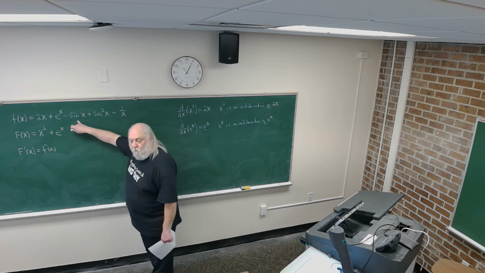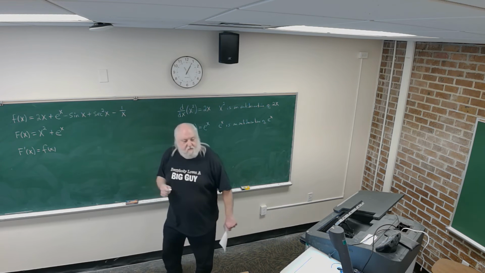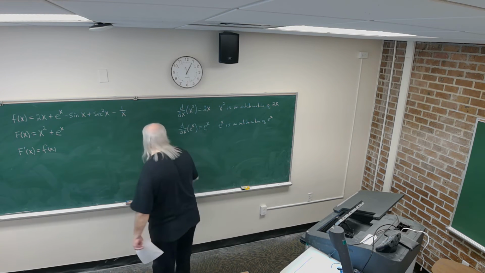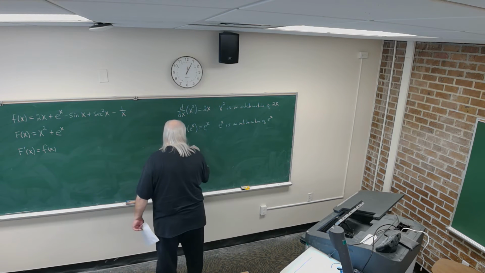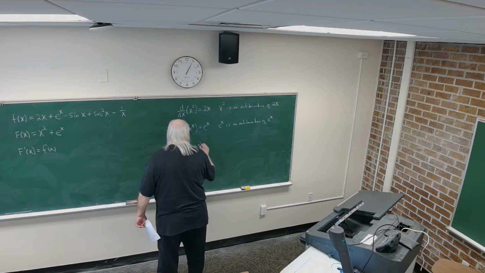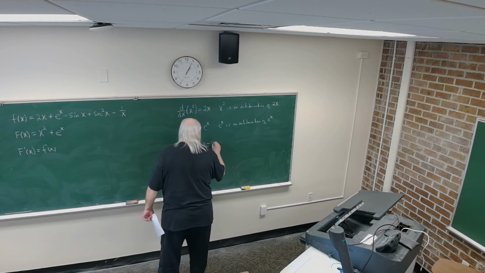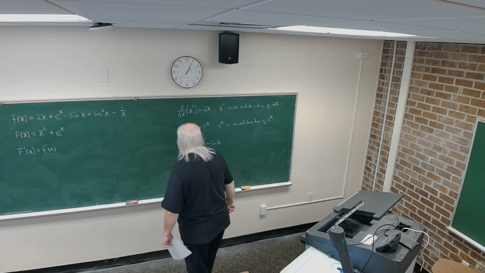The derivative of what is equal to minus sine x? Cosine x, right? So the derivative with respect to x of cosine x is equal to minus sine x.